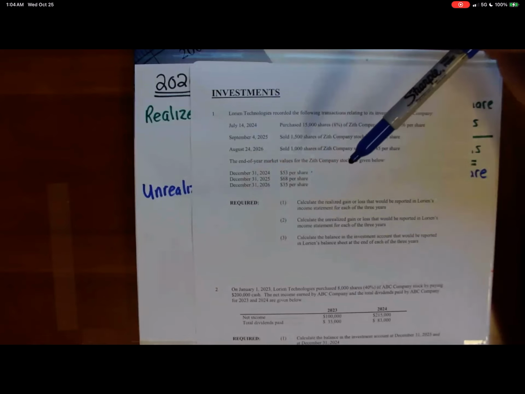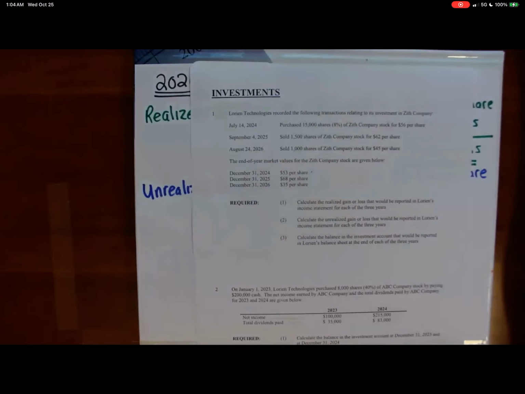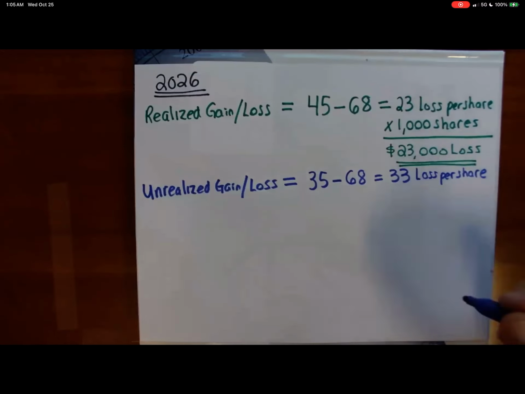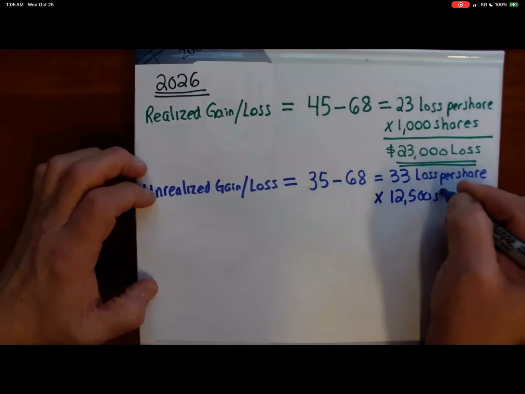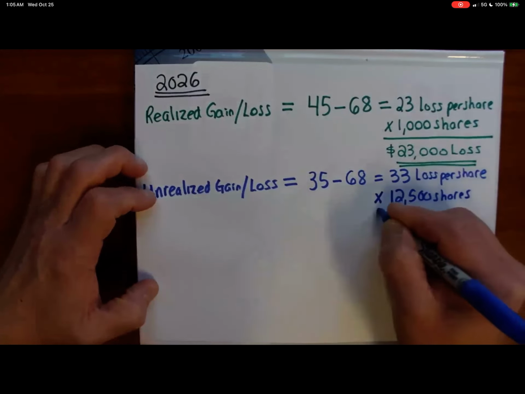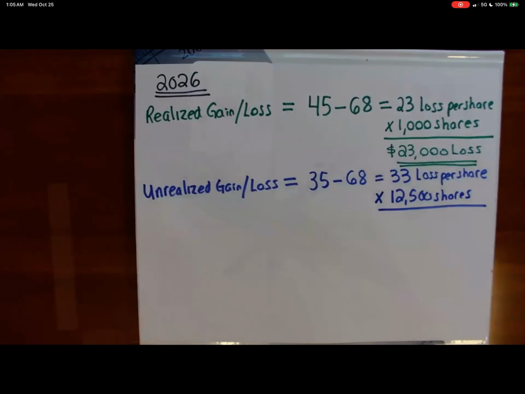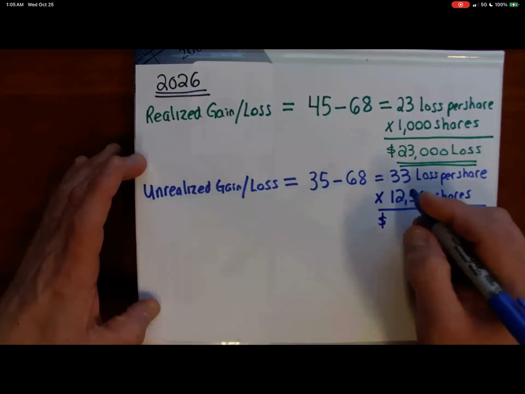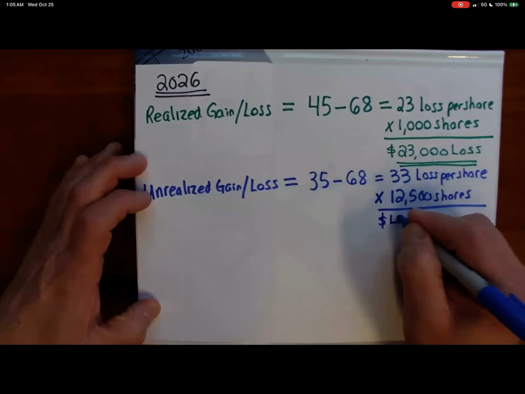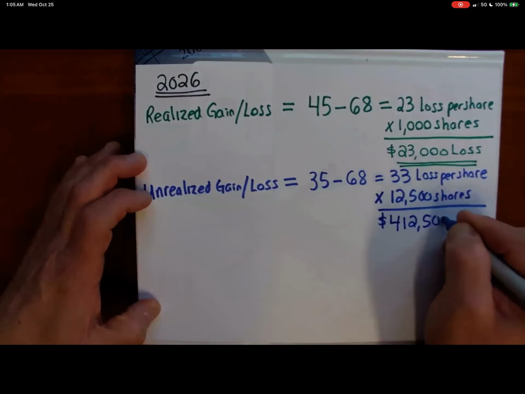So at the end of 2026, we now own 12,500 shares, each reporting a $33 unrealized loss. The total unrealized loss for the year, 412,500.